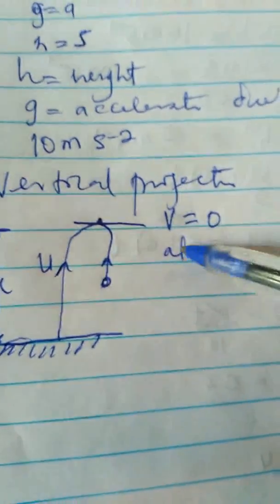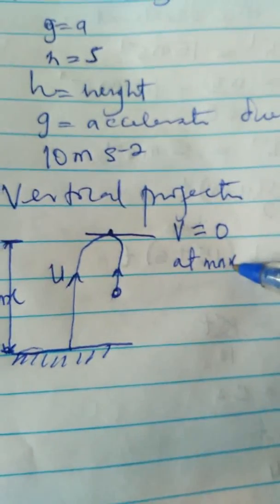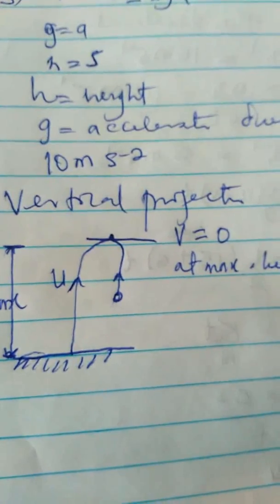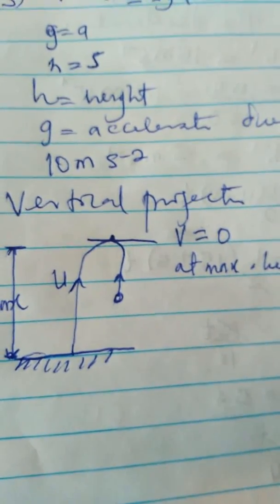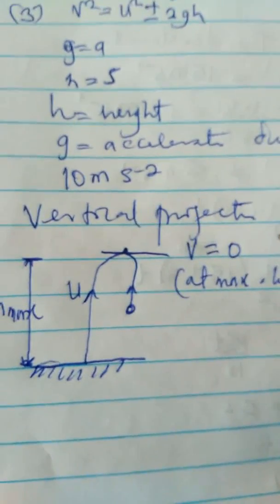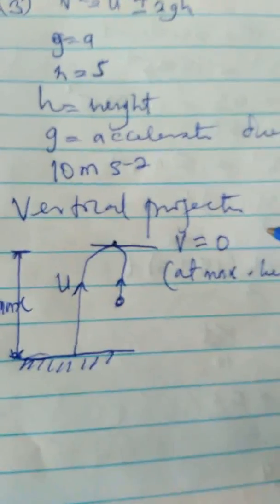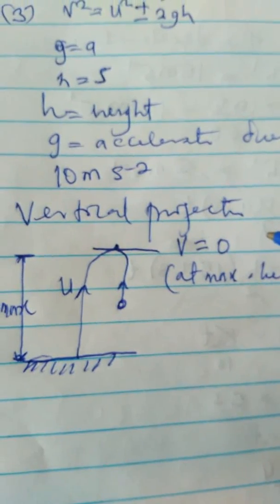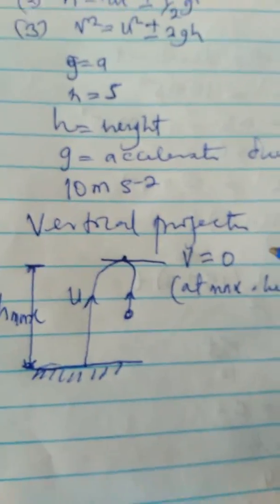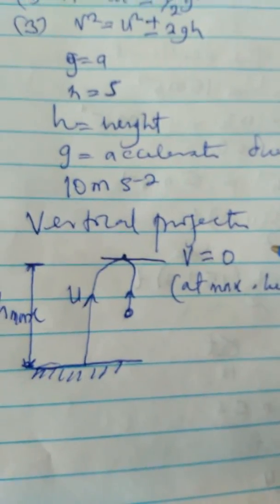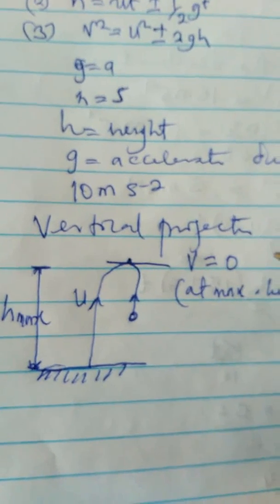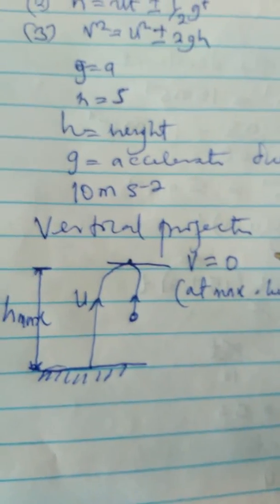So at maximum height, final velocity is equals to 0. So that does it for that.